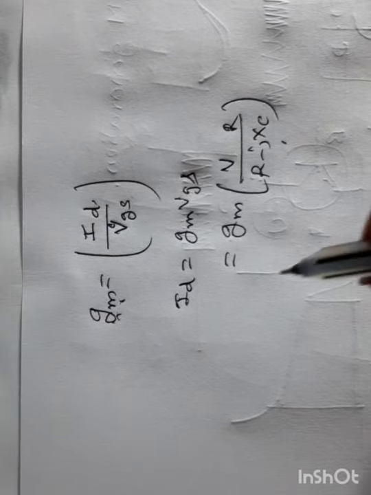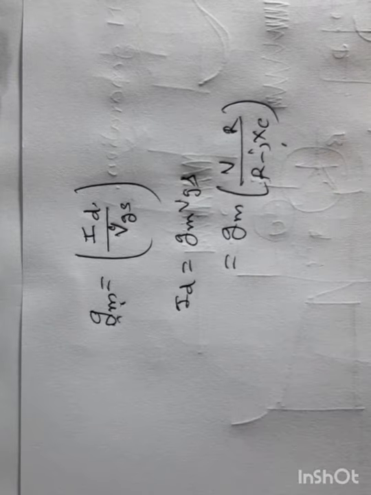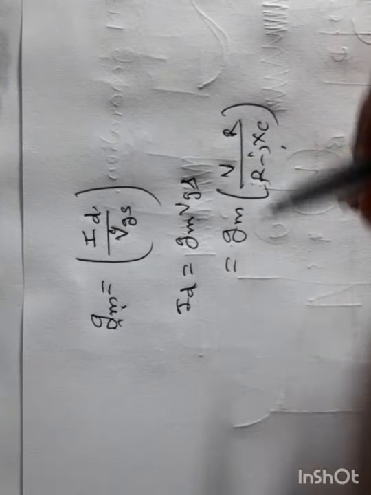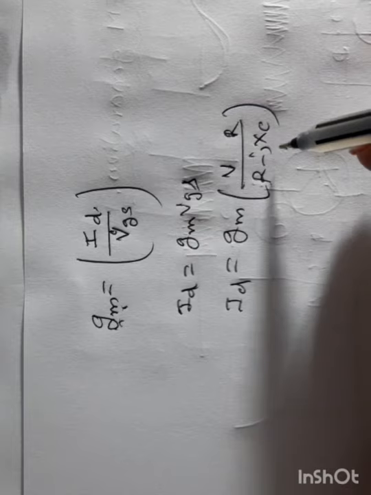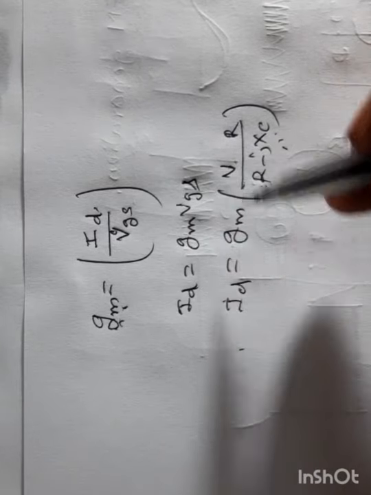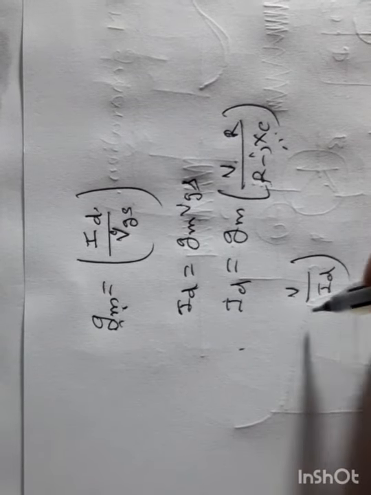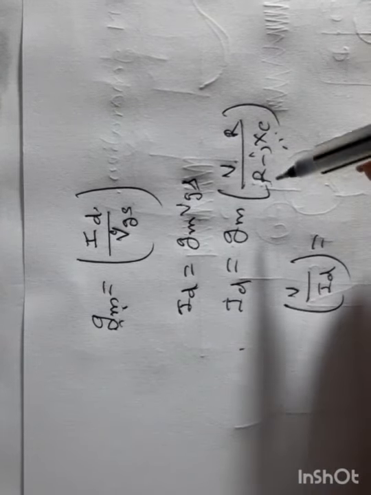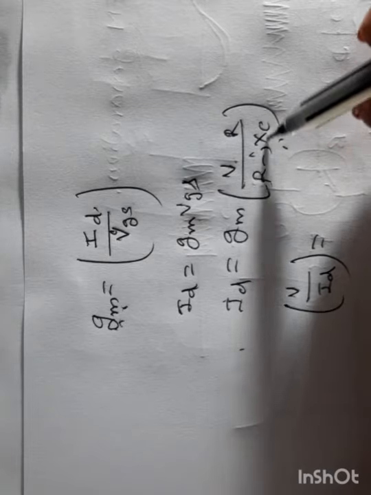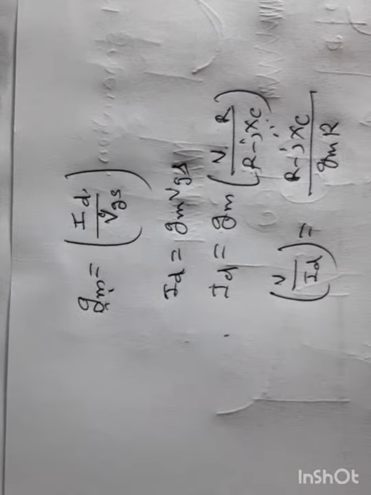Now, I will simplify this. V divided by Id, let it go upward and it comes downward. V by Id from this expression is equal to R minus jXc divided by Gm into R.